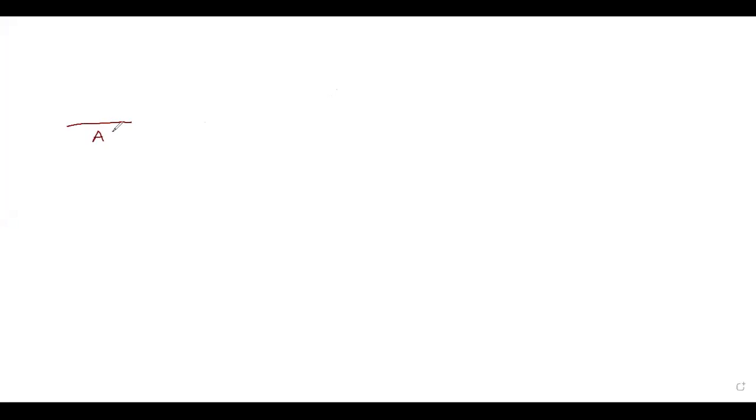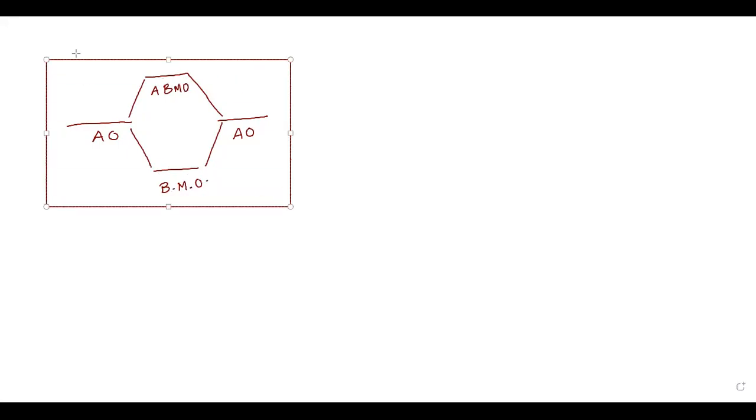Here there is one atomic orbital, and on this side there is another atomic orbital. When they combine, they create an equal number of molecular orbitals. We used to call this orbital the bonding molecular orbital and this the anti-bonding molecular orbital. This is for the combination of atom number 1 and atom number 2.